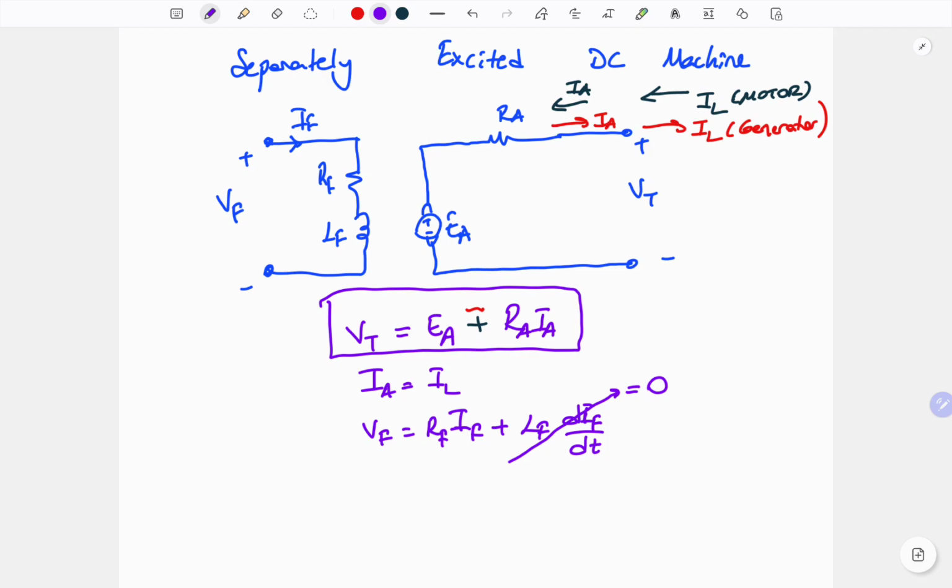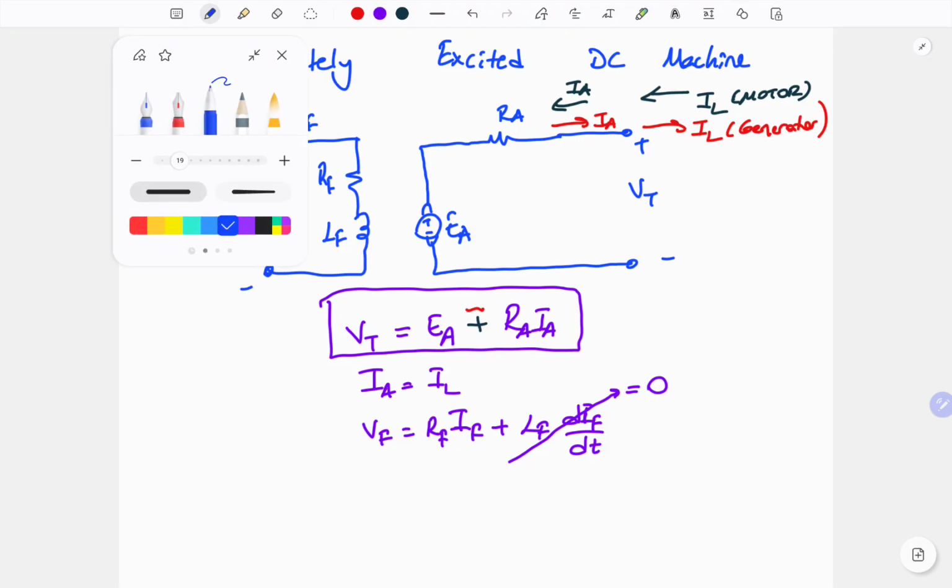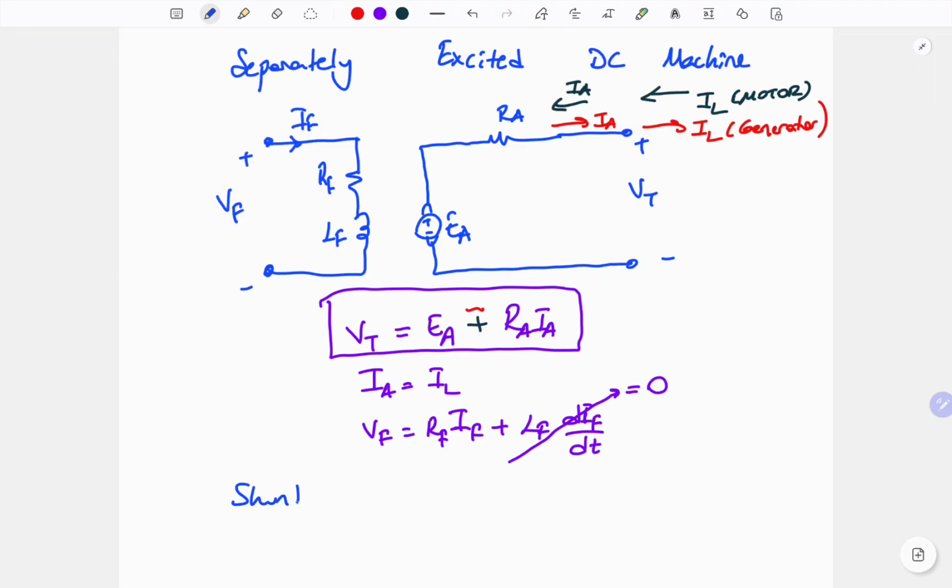What about the shunt excited operation? For shunt excited operation, let's start with the equivalent circuit again.